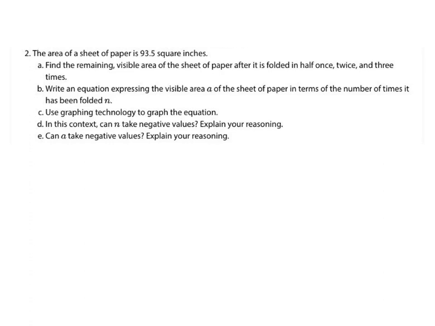All right, the area of a sheet of paper is 93.5 square inches. Find the remaining visible area of the sheet of paper after it's folded in half once, twice, and 3 times. So my initial area, and I'm going in half to a variable.